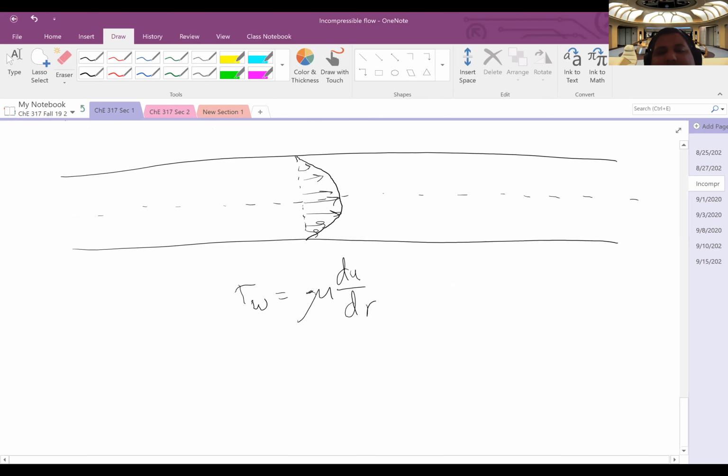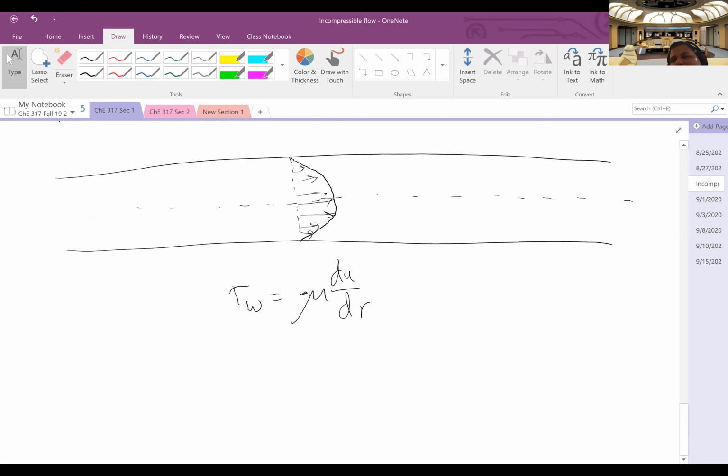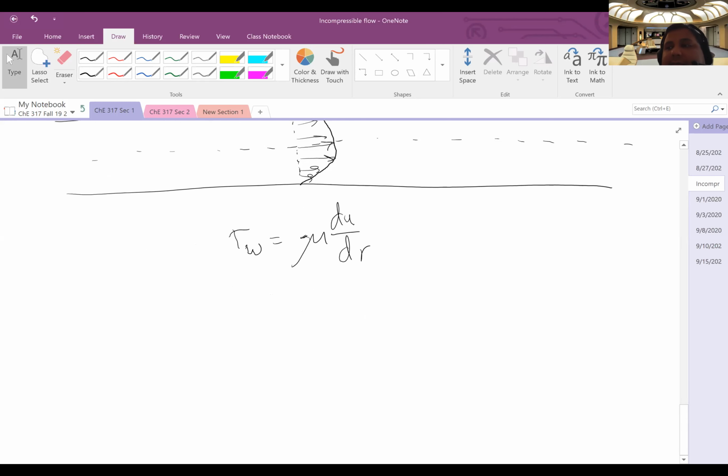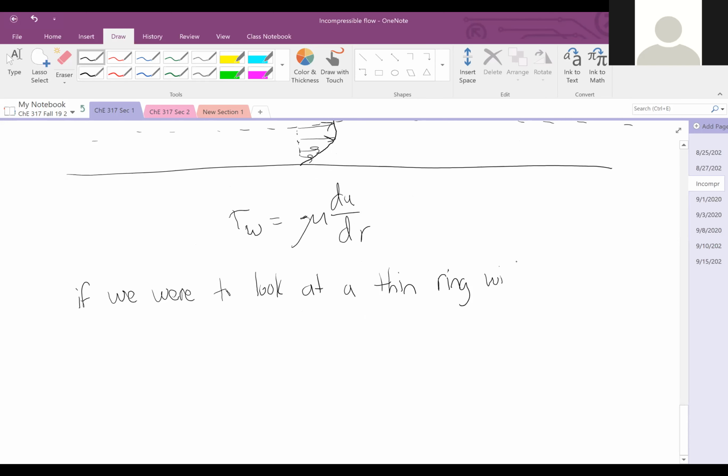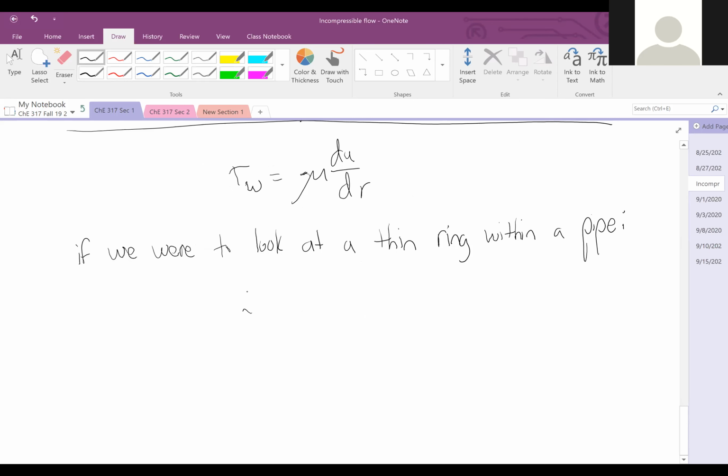And so from this, theoretically, if we were able to integrate this system, we would get a direct correlation between viscosity, our velocity, and the expected shear stress that would arise due to flow. So if we were to look at a thin ring within the pipe, we would be able to set up that differential relating the radius to a differential area.